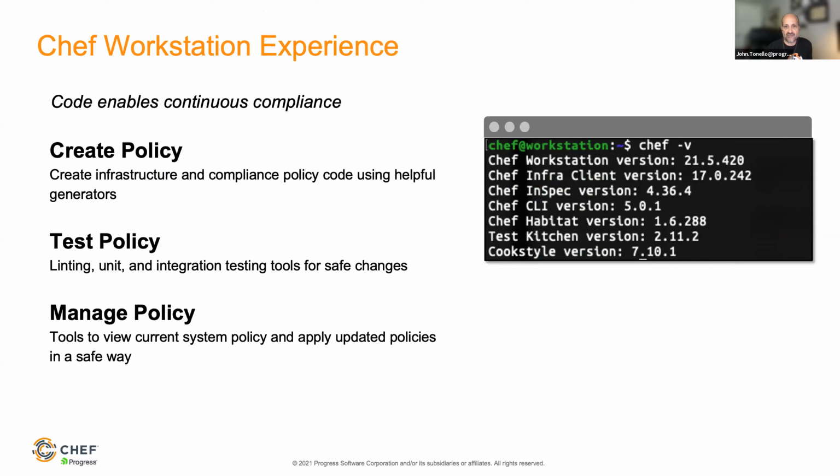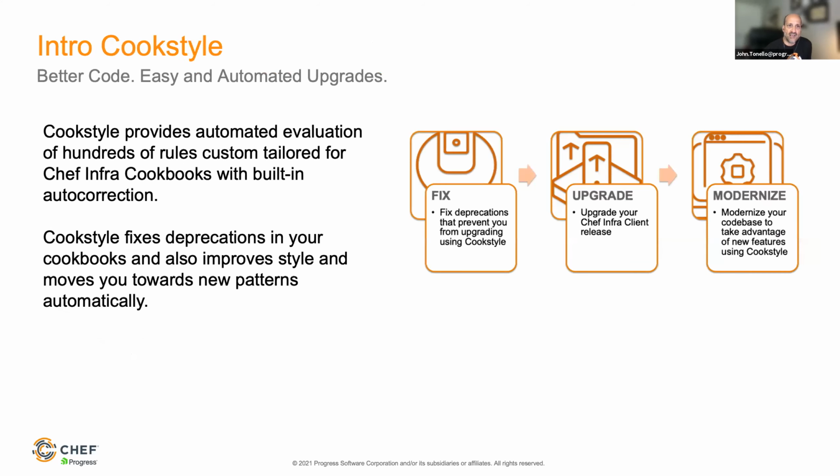Do a chef -v, shows you the version, and it's of all of the packages that are installed. And as Heather talked about, Cookstyle is included in there, and we'll see a little example of that as we go on. Cookstyle itself, because Chef language is very close to Ruby, it's specialized in many ways to do the kind of things that our customers are looking for Chef to do.